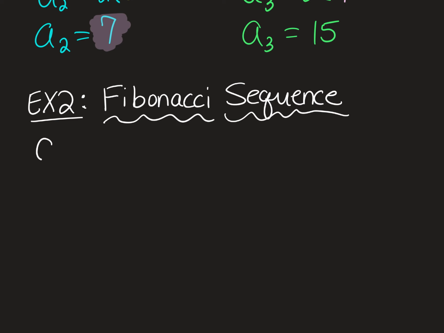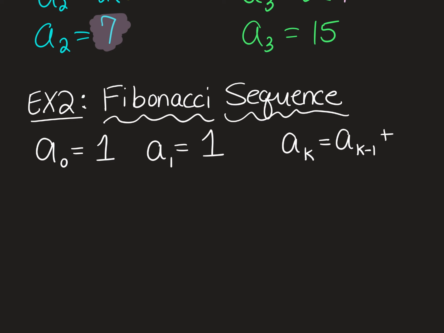We are going to be given the 0 term is 1. The first term is also 1. And then whatever term you want to find, so a sub k, will be a sub k minus 1 plus a sub k minus 2.